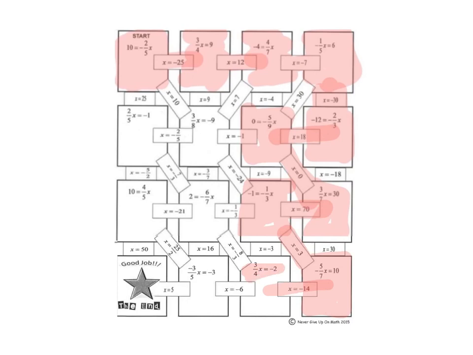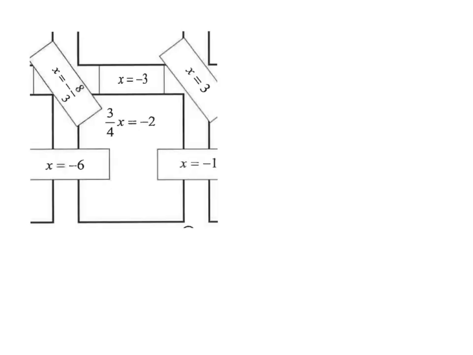Now we've got this one here. Negative 3/4 x is equal to negative 2. Alright, so we've got 3/4 x is equal to negative 2. We're going to multiply by the reciprocal of 3/4, which is 4 over 3, and we're going to do that on both sides. 4/3 times 3/4 is 12 over 12, which is a copycat. 1 times x is just x.